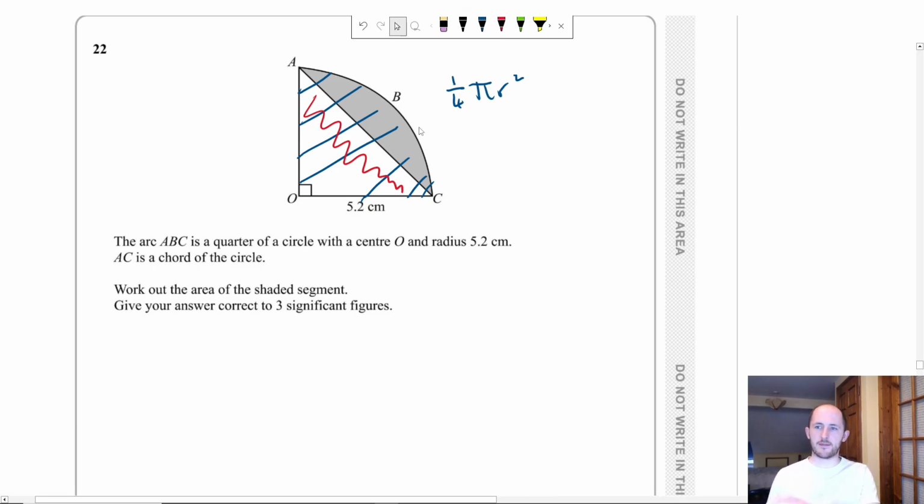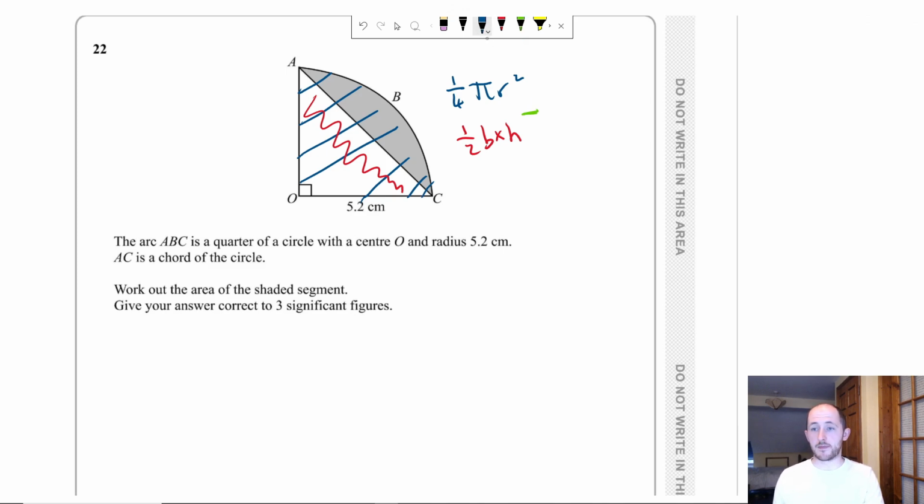Because if you look, if we have the area of the whole thing, we take away that triangle, we're left with that like orange slice piece at the end, okay? And how do you work out the area of a triangle? Well, it's just a half base times height. So that's all we need to do, and then we're going to subtract them from each other.